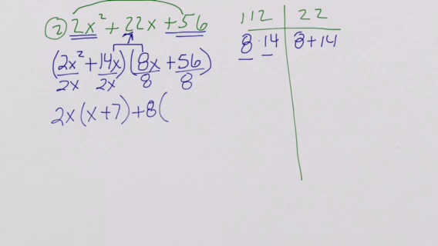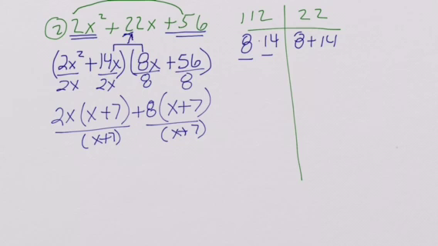So this is going to be 8, taking out the positive 8, and it's going to be x plus 7. So now you'll notice that both factors have x plus 7 in common with them. So when we factor out the x plus 7, those cancel out. So now we have 2x left, and those cancel out. We have a plus 8.